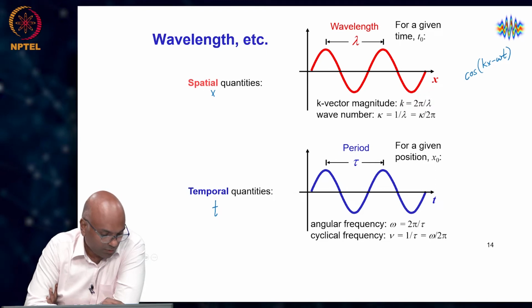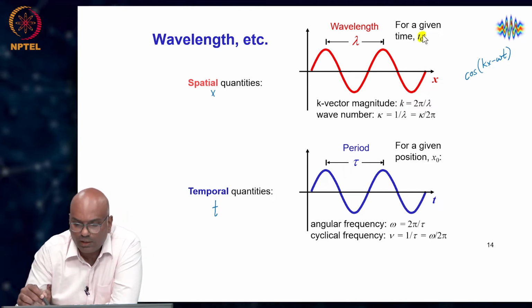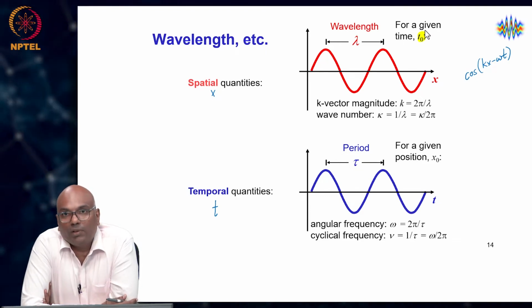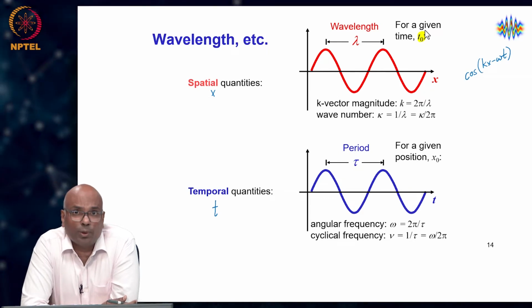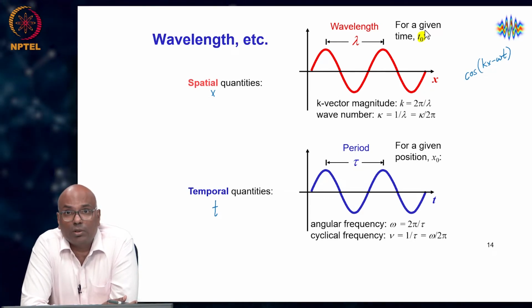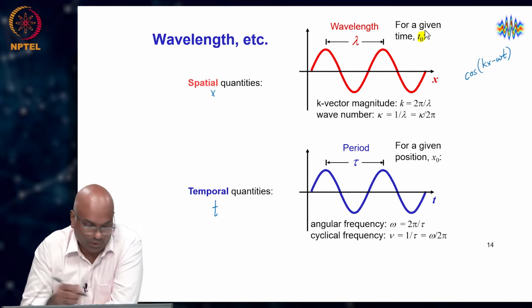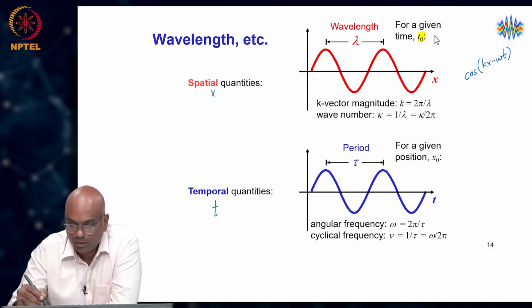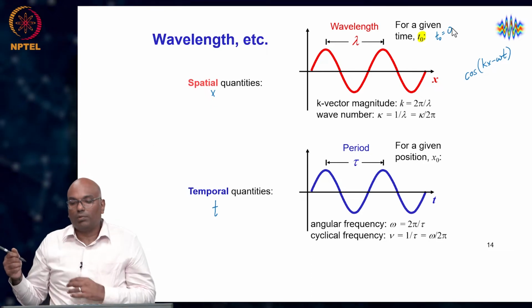Let us call the instant of time t is equal to t0, and to keep things simple we could even consider any instant of time and keep it fixed. So, we could even consider the instant t naught, that is t subscript 0, is equal to 0.